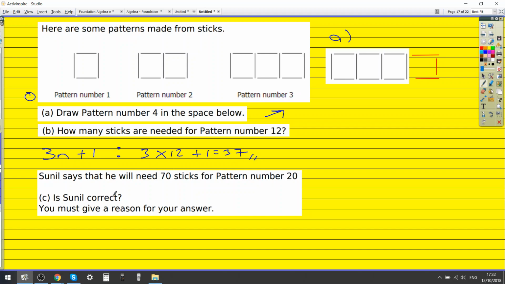And C. Number 3. Sunil says that he needs 26 for pattern number 20. Is Sunil correct? Well, it's definitely not. What should it be?